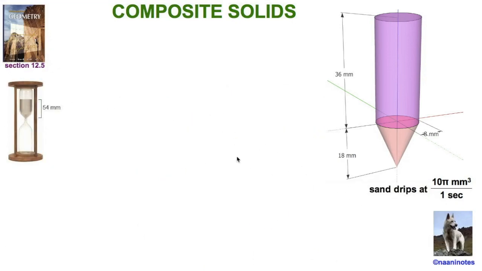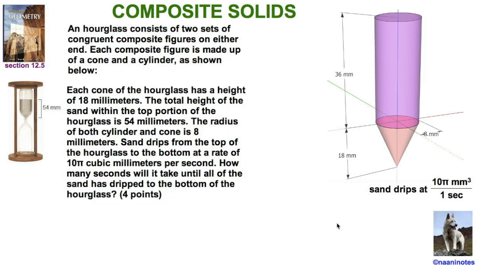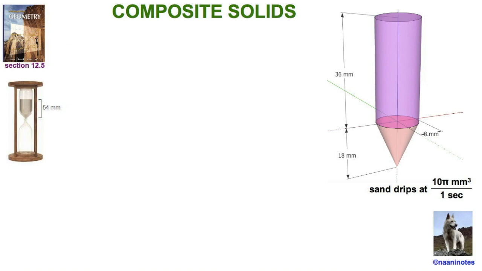We are told that this sand drips at a rate of 10 pi cubic millimeters per second. That's an odd way to express it, but somebody was keeping it ready for a math class. So this is the text, and yours will be different. So let's just get to the math.